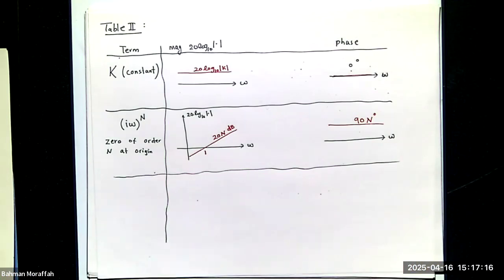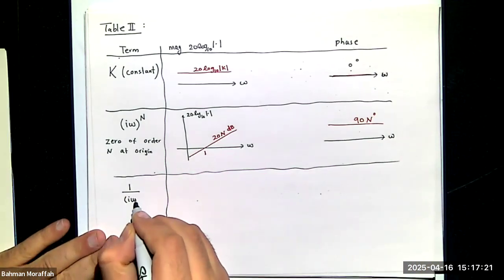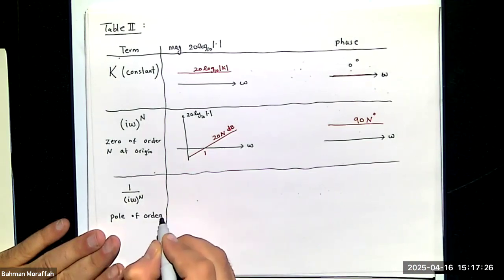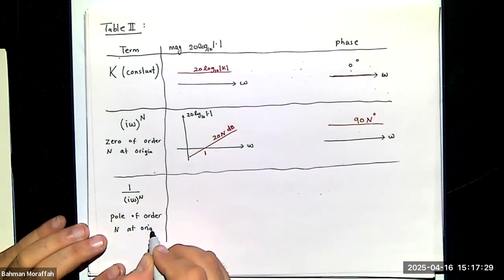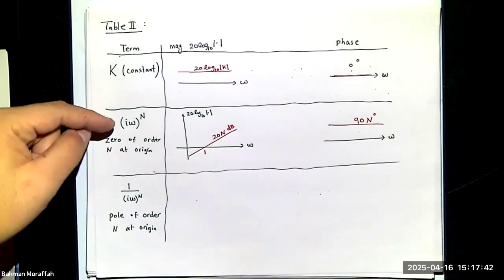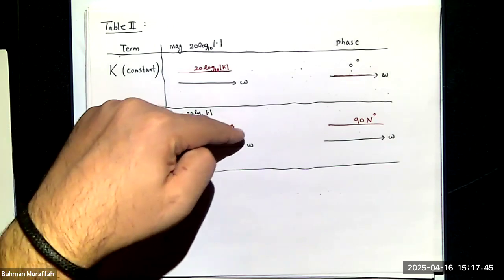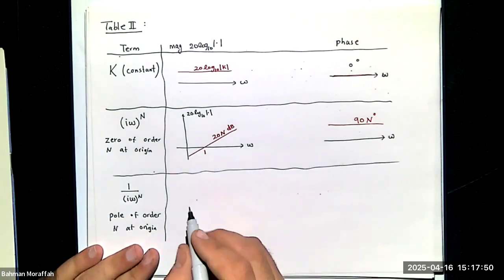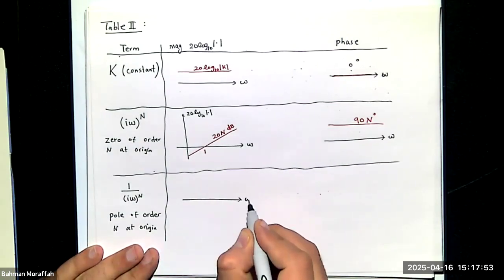How about if we have a pole of order n at the origin? So I have 1 over i omega to the power of n, which is a pole of order n at the origin. We know since it's a pole, it has to go down, right? And since it is 1 over exactly this function, it should be similar to this function, but going down. So it would look like this. This is omega.